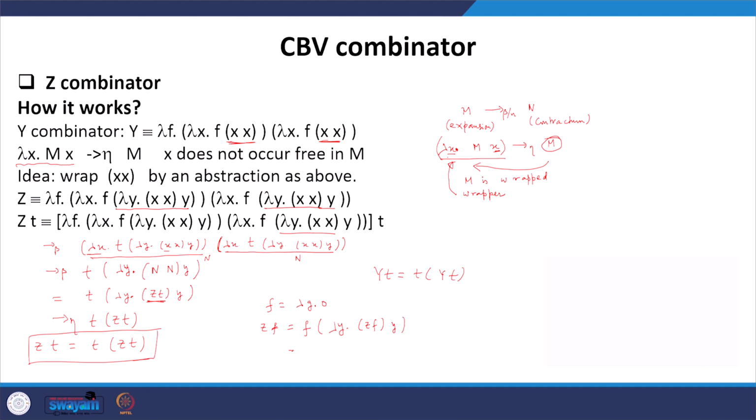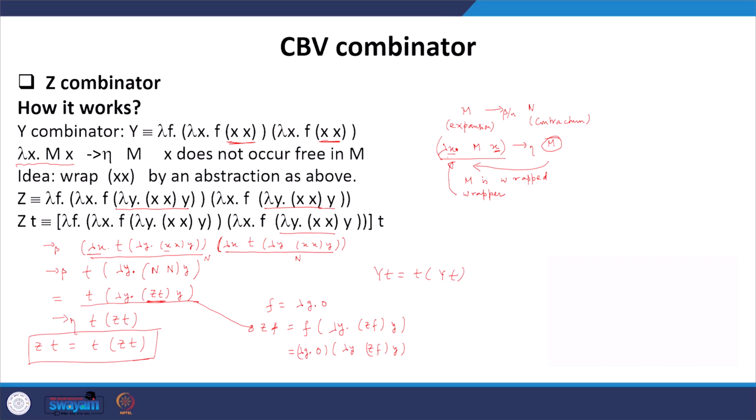So now this is lambda g dot 0 and I have zf of y. zf is f zt, zt is this one, f zf. Written in this way, f zf is this one, this expansion we are going to write here. So this is zf is f zf.